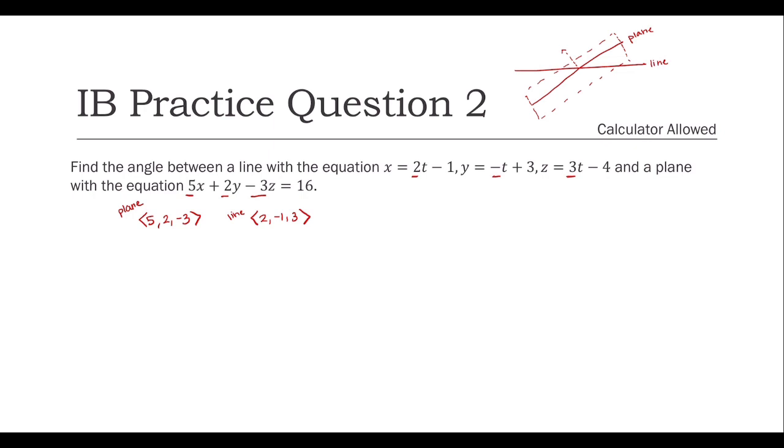So to find an angle between, we'll use our v dot w equals the magnitude of v times the magnitude of w times the cosine of theta, and we'll solve for theta.